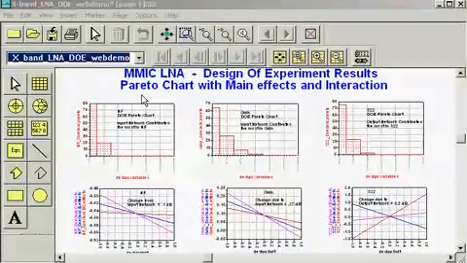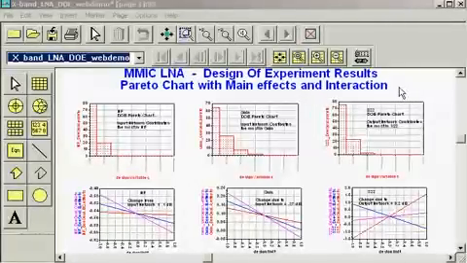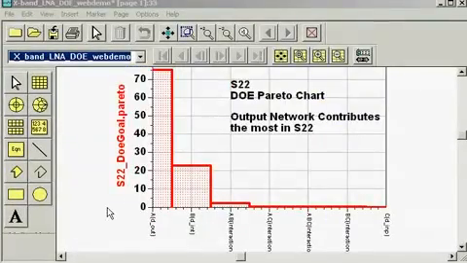For example, these are Pareto charts with main effects and interaction taken from the output simulated results. Let us look at the S22 spec. This Pareto chart is telling me that 75% of the variability in S22 is due to the output matching network. But the question to ask now: this 75% accounts for how many dB of variability?